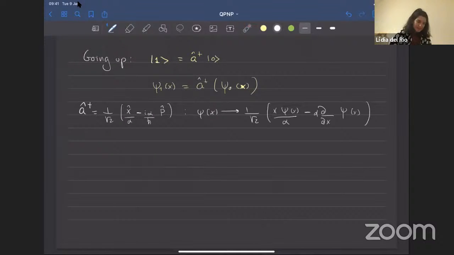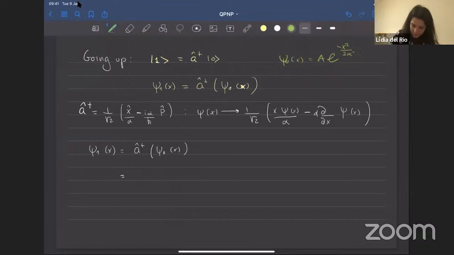So we have this. It's very simple. Psi 1 of x. We don't even have a differential equation. It's very nice. A dagger acting on psi 0 of x. Well, what did we say psi 0 of x was? A e to the minus x squared over 2 alpha squared.